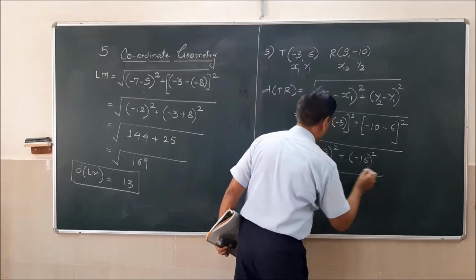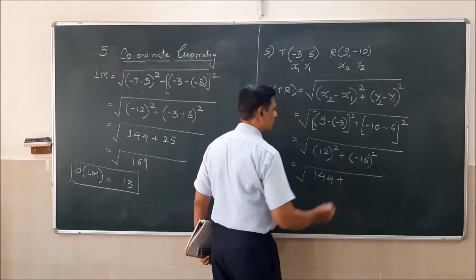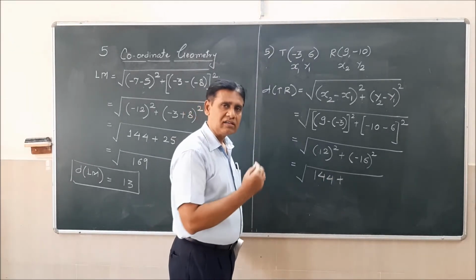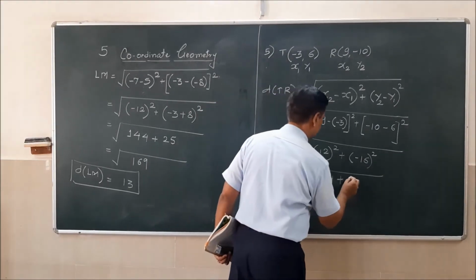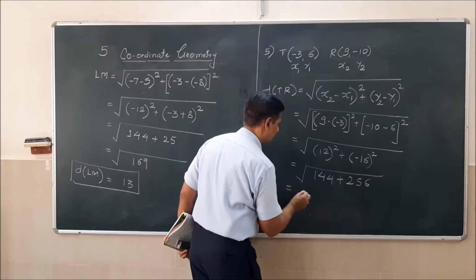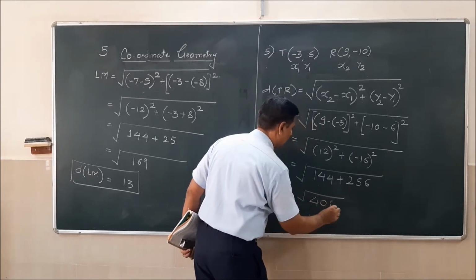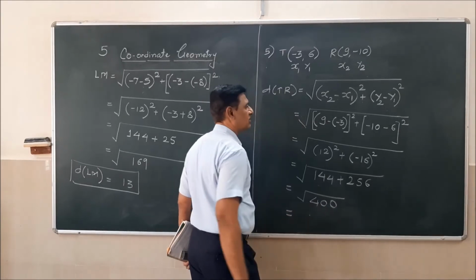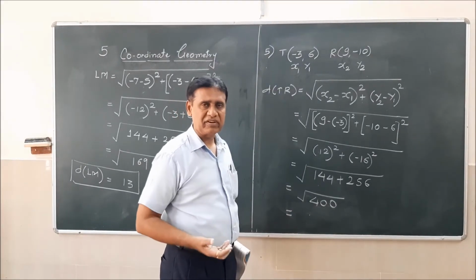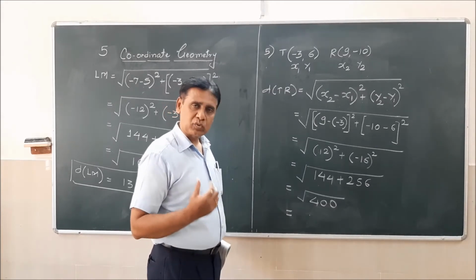12 square is 144, while the square of 16 is 256. So 144 plus 256 will give you square root of 400. But since you all know 400 itself is a perfect square, this is a square of 20.